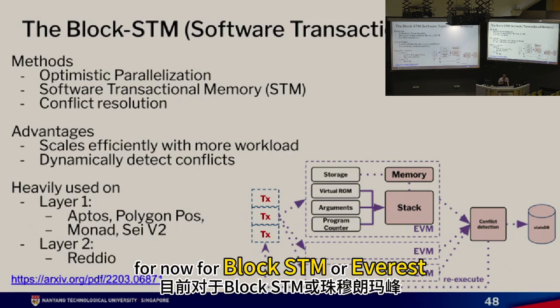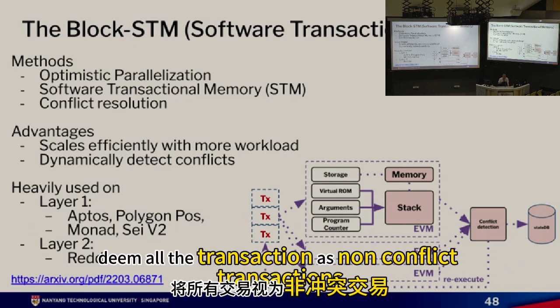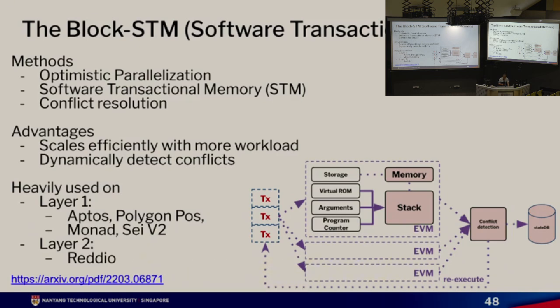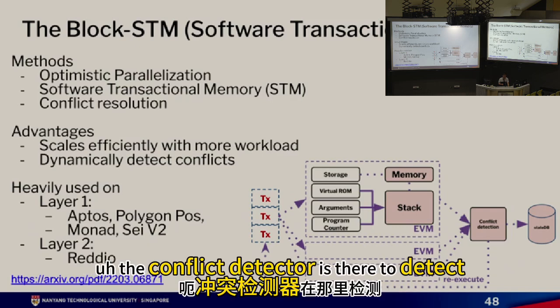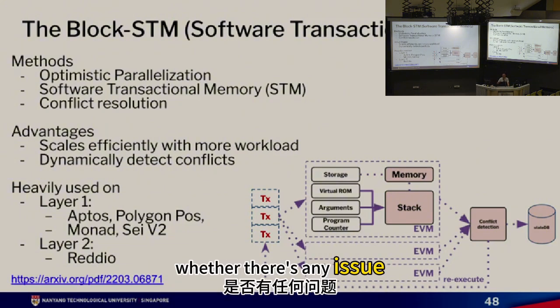For Block-STM or Aptos, what they are doing is, by default, I deem all the transactions as non-conflicting transactions. I just execute all the transactions until here, you see here, there's a conflict detector. The conflict detector is there to detect after execution whether there's any issue.